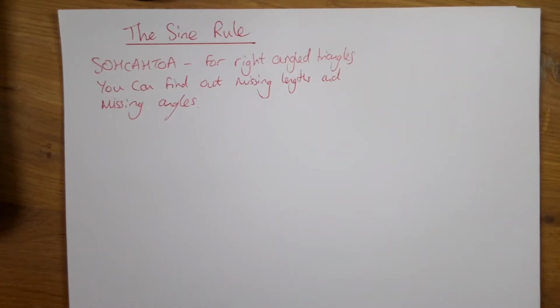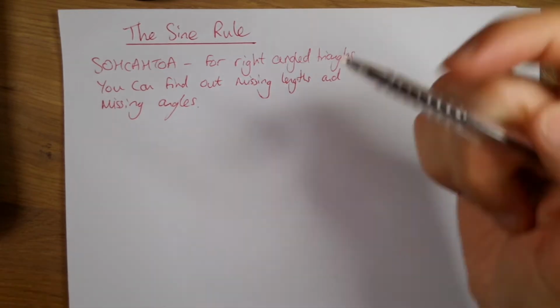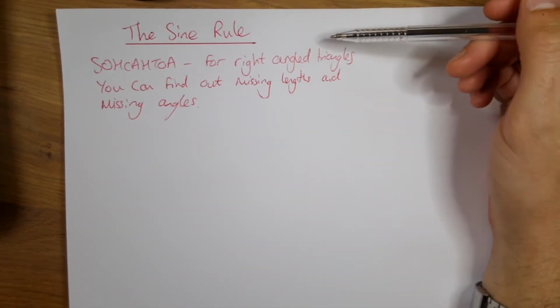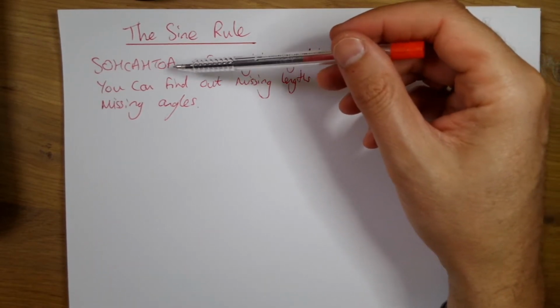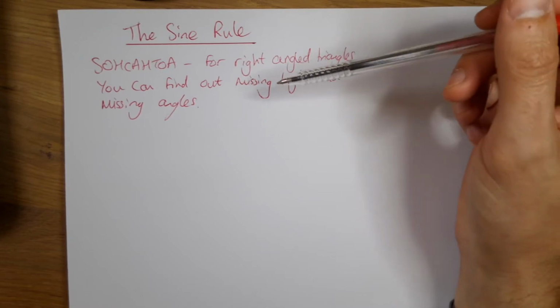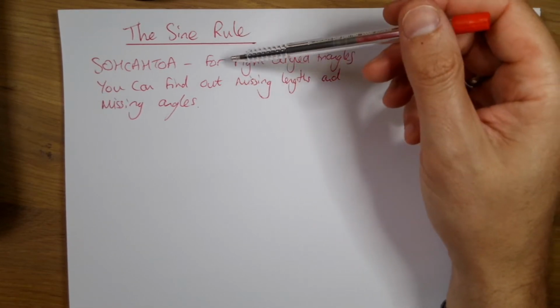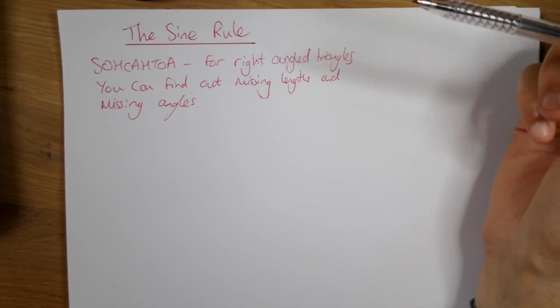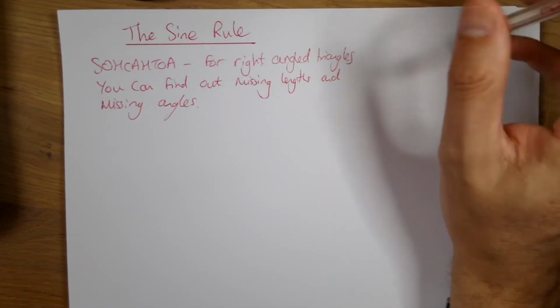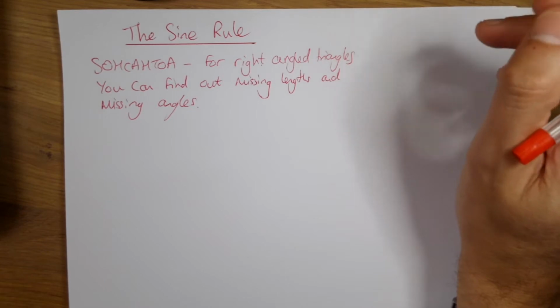Okay boys, this is a video to introduce you to the sine rule, which is something we use in triangles and you need for your higher tier GCSE. First, a little reminder: you might remember SOHCAHTOA, which is trigonometry for right angled triangles, and you can use it to find missing lengths and missing angles.